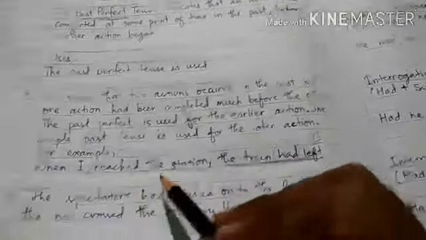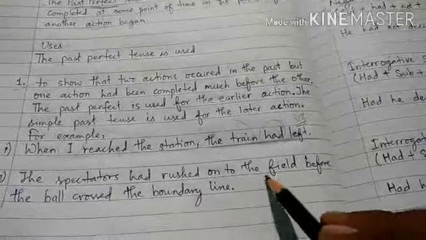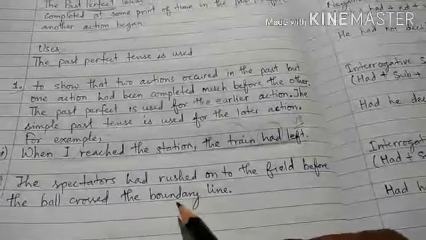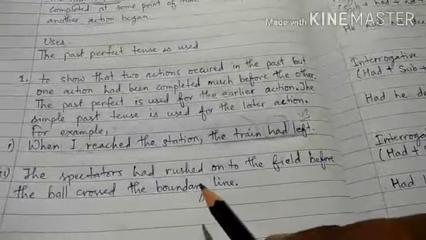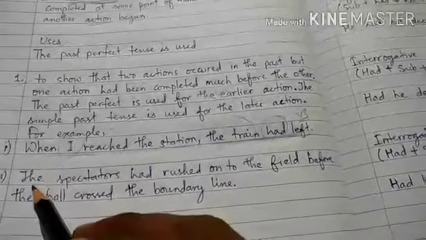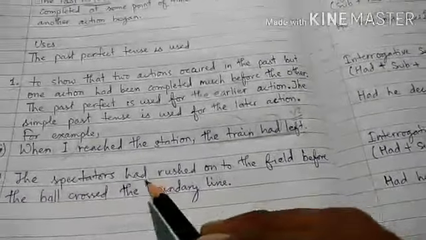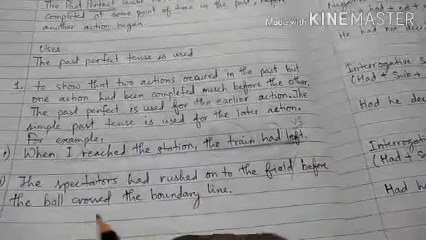Okay, in the same way, the spectators had rushed onto the field before the ball crossed the boundary line. If you divide this sentence also into two parts, you have to separate the sentence like this. The spectators had rushed onto the field before the ball crossed the boundary line.